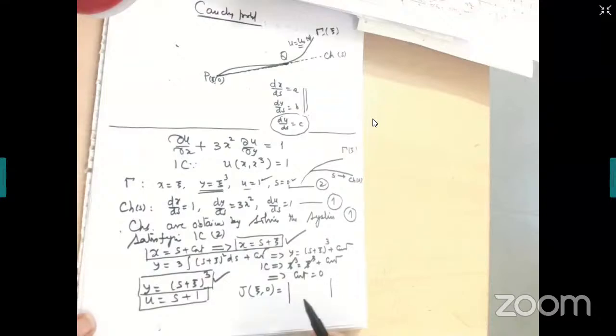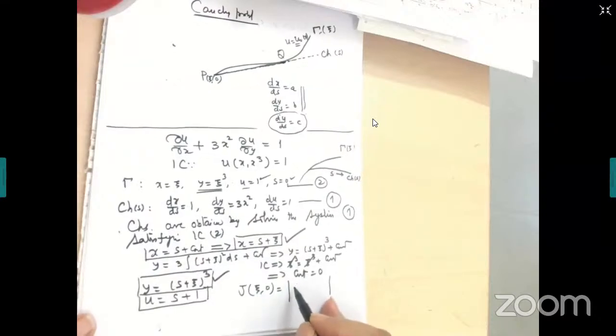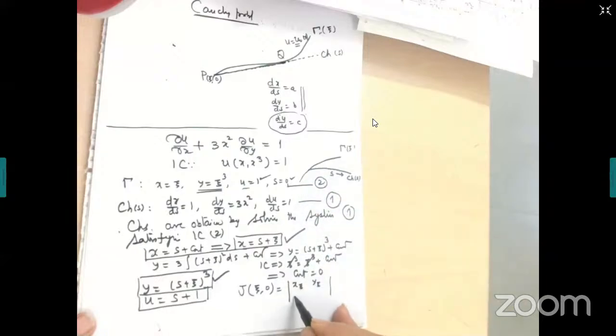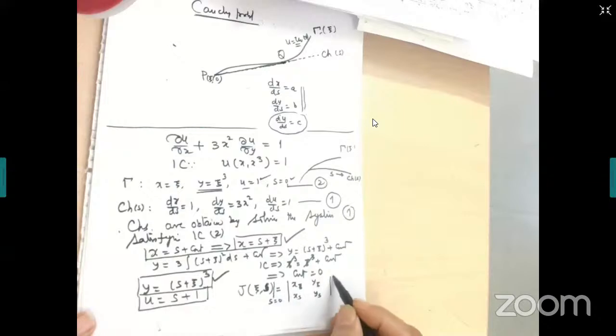So J will be, what do you get? It is a transformation from (xi, s) to (x, y), so it will be x_xi, y_xi, x_s, y_s, evaluated at s is equal to 0.